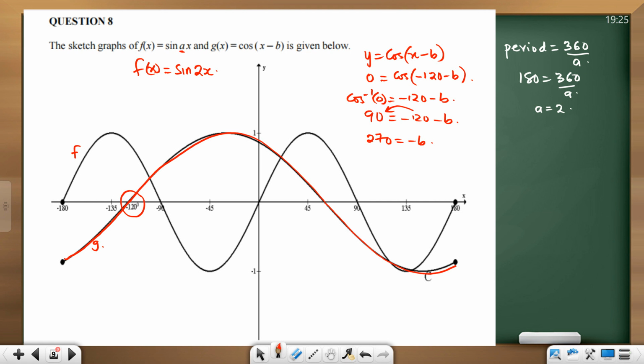But listen, this thing here, in most cases, should be acute. 210. How do I make it acute when I have a 210? Subtract from 180. So B is what? Negative 210, right?